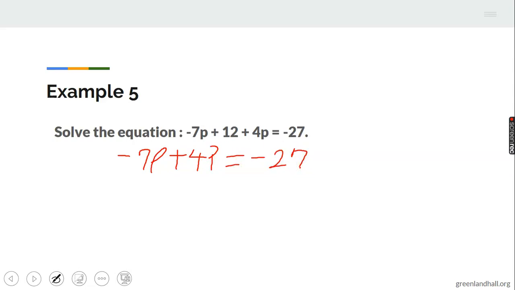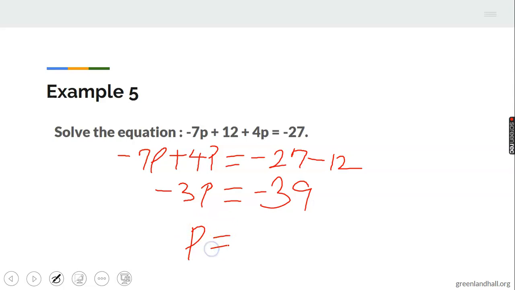Now this is plus 12, that will be minus 12. Now minus 7p plus 4p, that will be minus 3p. Minus 27 minus 12, that will be minus 39. And that means p equals plus 13, because you are dividing both sides by minus 3.